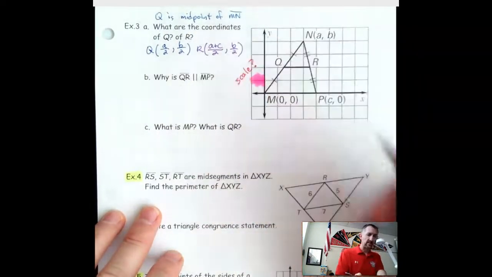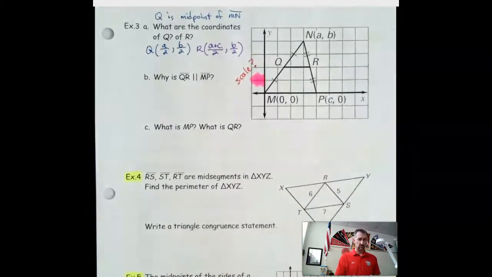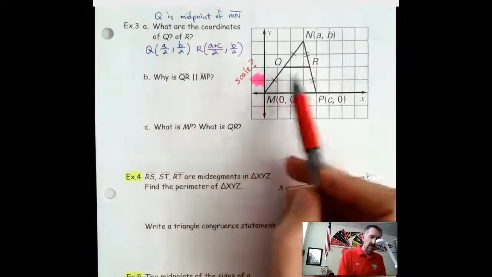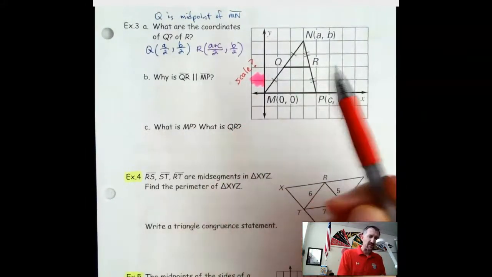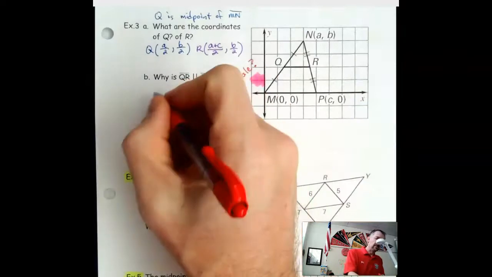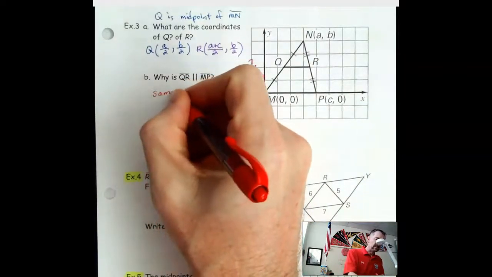I don't want to write down b plus 0. You can if you want to, but okay. So is segment QR parallel to segment MP? Yes, because they have the same slope.